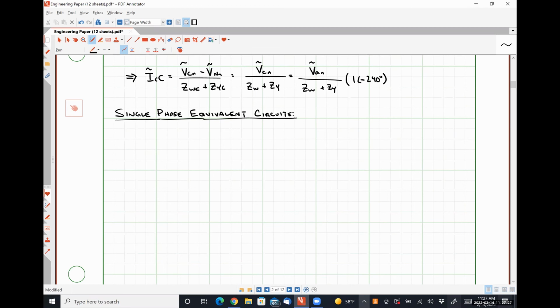So instead of looking at a three-phase model, we can look at 3 single-phase models.